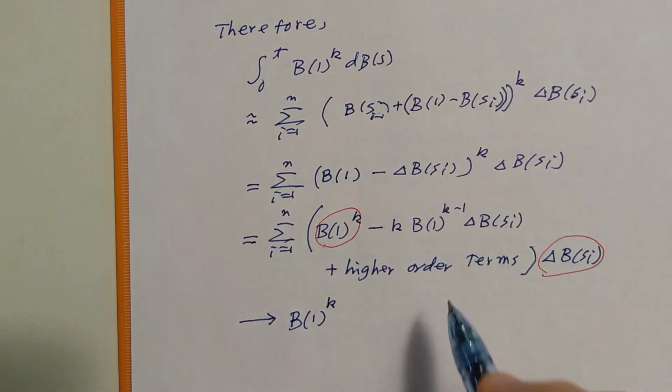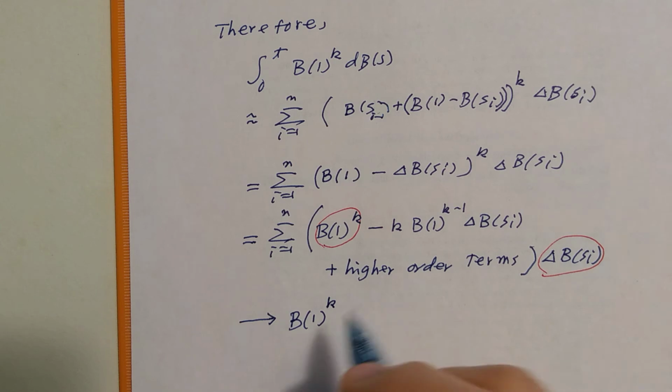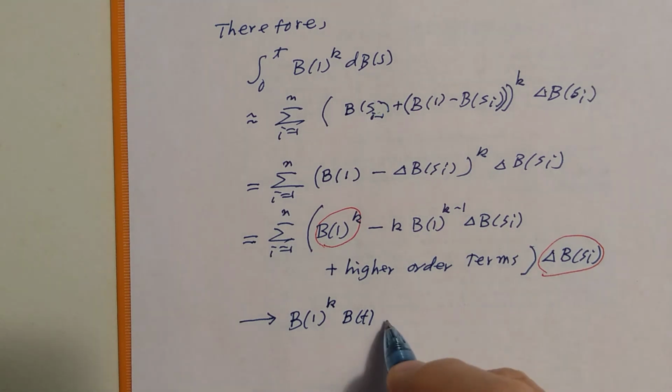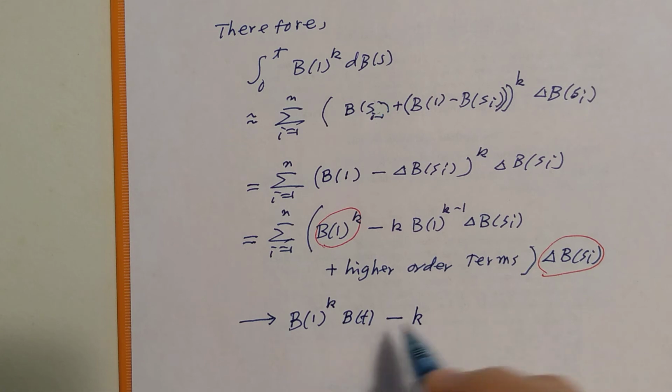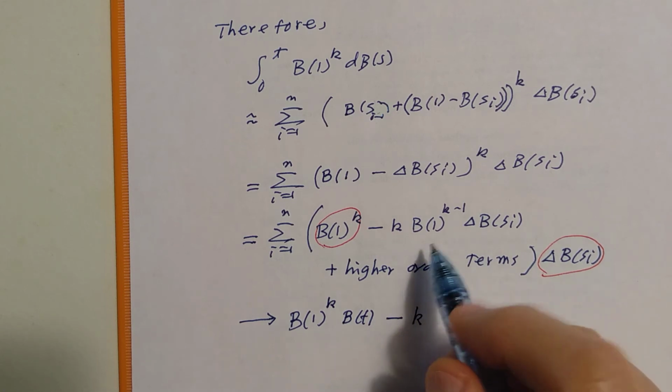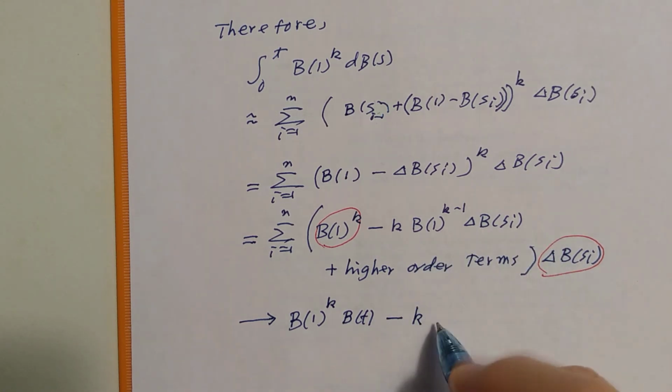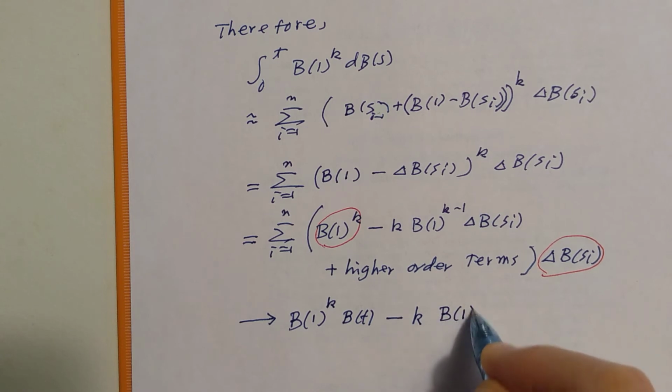And so the sum is just B at t, B_t. And then the second term, minus k times B_1 to the power k minus 1.